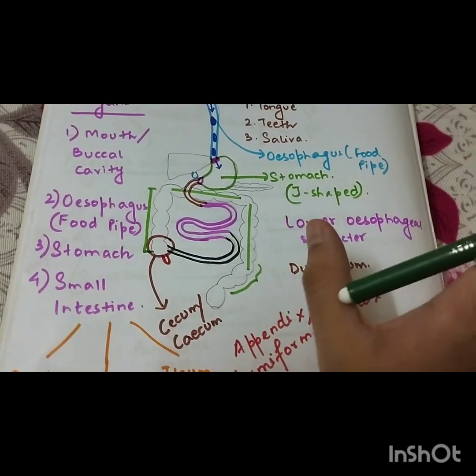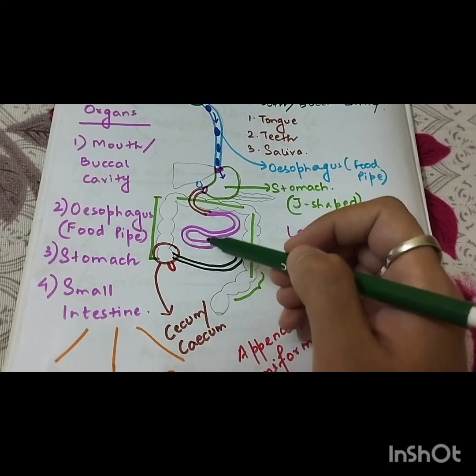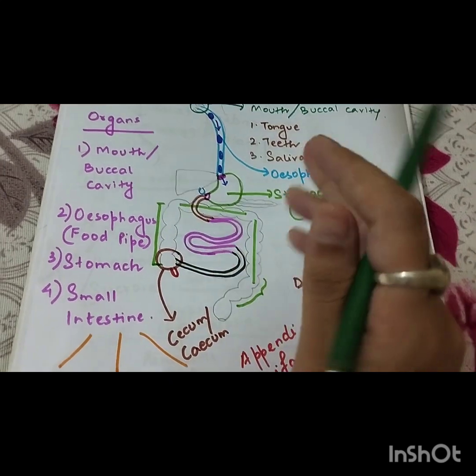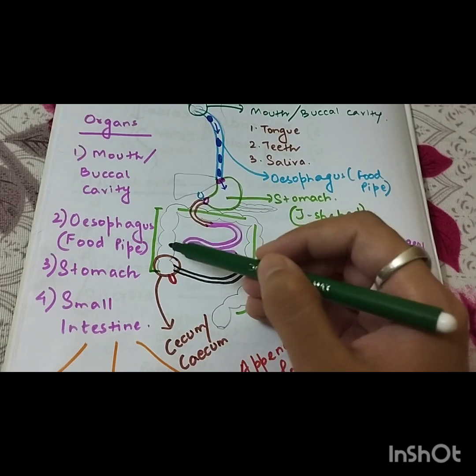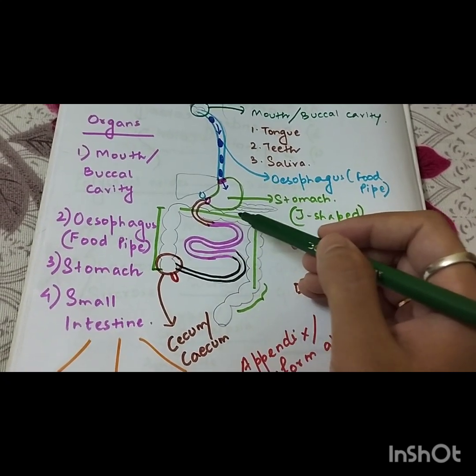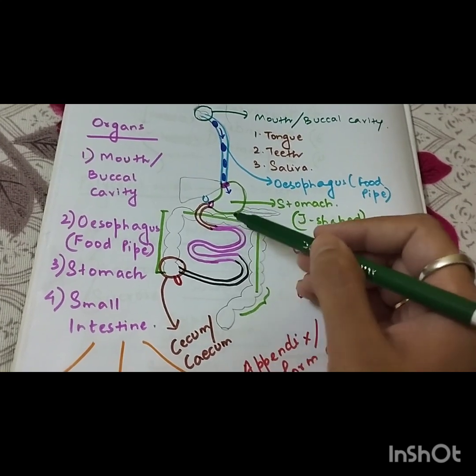So what happens inside the large intestine? When the food, after its absorption in the small intestine, is pushed into the large intestine, it still has water content inside it. So the water is absorbed into the body, and that absorption of water takes place inside the large intestine.